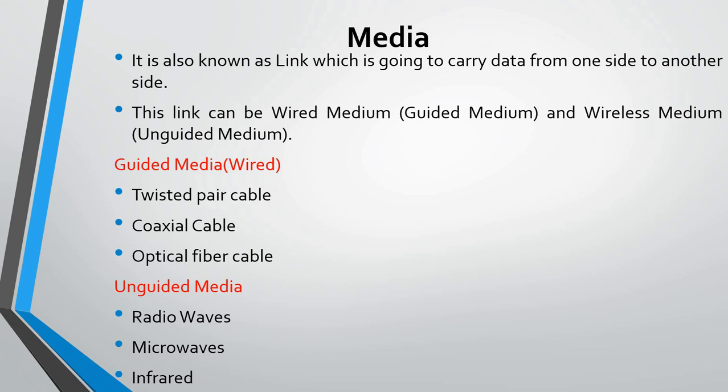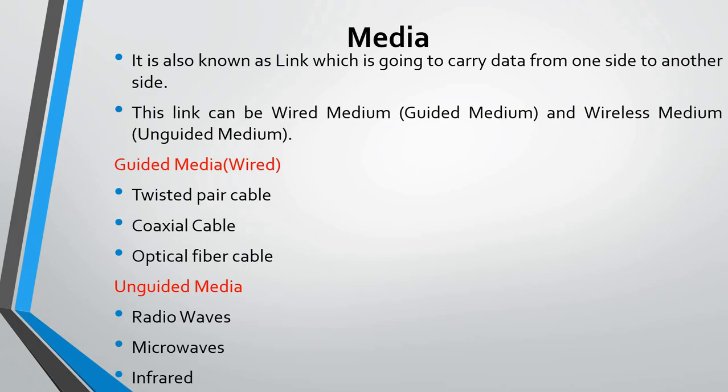Here it uses glass or plastic fibers to transmit data as light pulses. It carries data at a very high speed and over a long distance, and also it is immune to electromagnetic interference. Example like fiber optic internet.